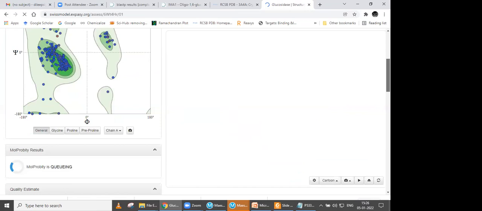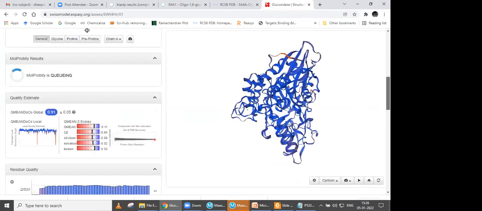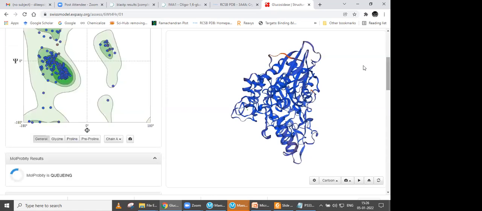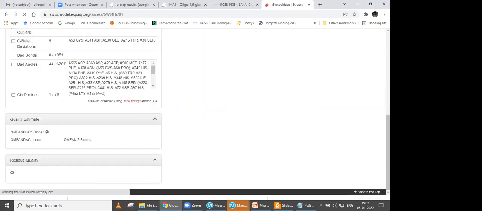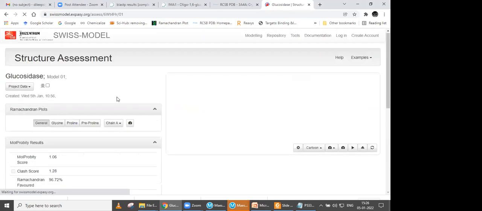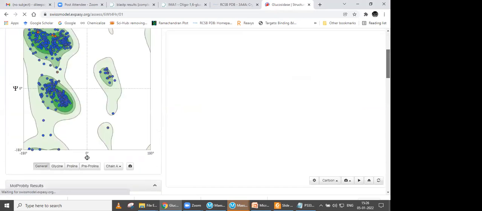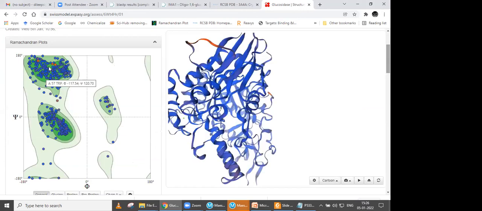And here you can see the Ramachandran plot for the generated model. The green color represents the most favorable region.